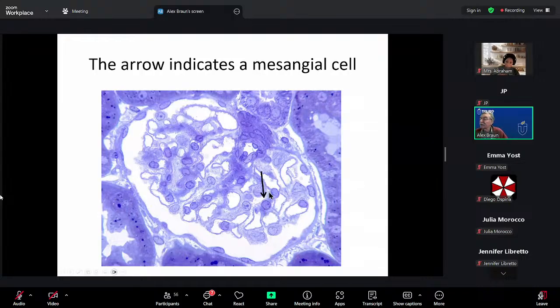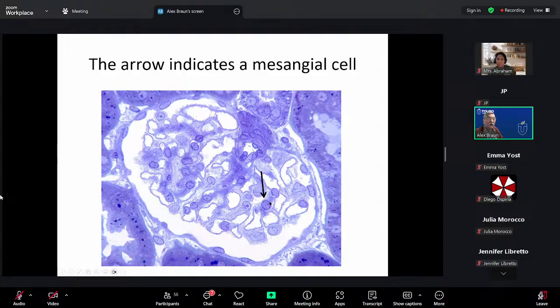So this here is mesangium, and this arrow is pointing towards a mesangial cell. And the extracellular matrix here, which is a little bit darker, perhaps, than the glomerular basement membrane, is the mesangial matrix. So here's a mesangial cell and surrounding mesangial matrix of a glomerulus.